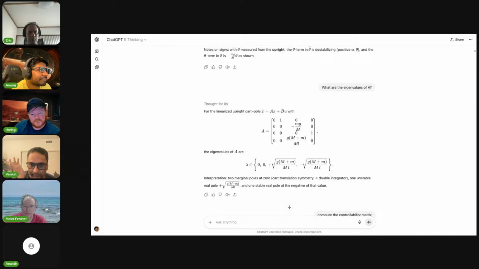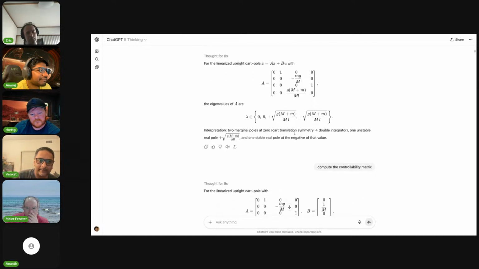If they're positive, you've got an unstable system. If it's right on the y-axis, then you've got a marginally stable system. And in this case, as it happens, you've got 2 poles of the system on the origin. So that's marginally stable. And of the other 2, one is unstable, so plus and minus.